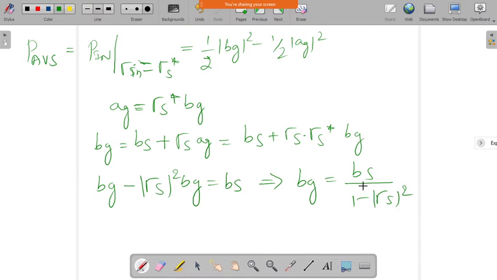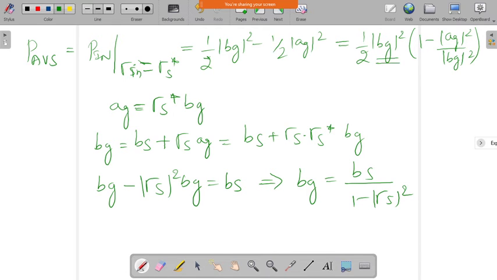Now if I apply this, whatever Bg we have gives the power available at the source. If I take Bg square common, this gives 1 minus Ag square by Bg square. That is nothing but 1 minus gamma S square, or we can take Ag common and write 1 minus gamma S square.